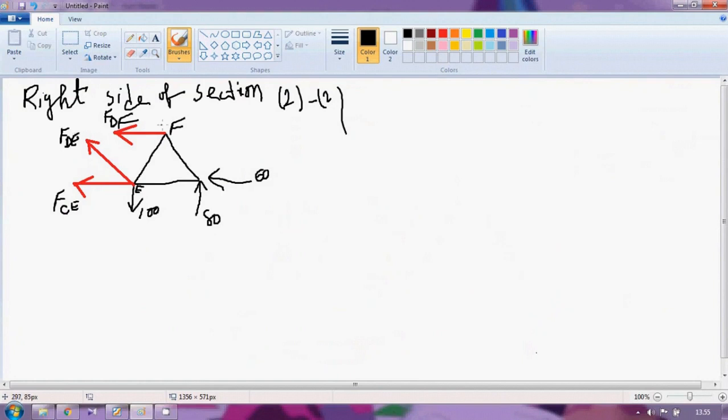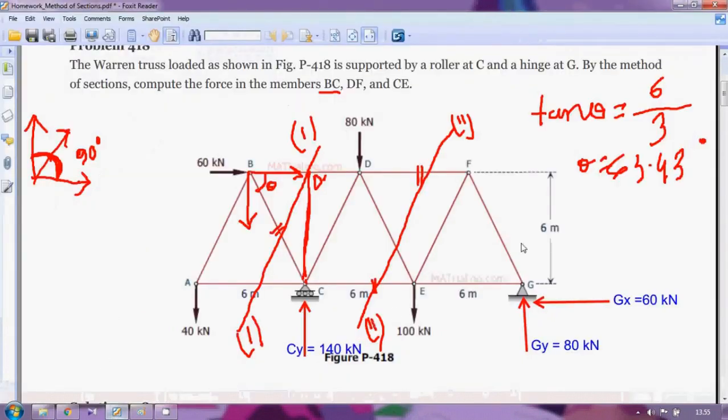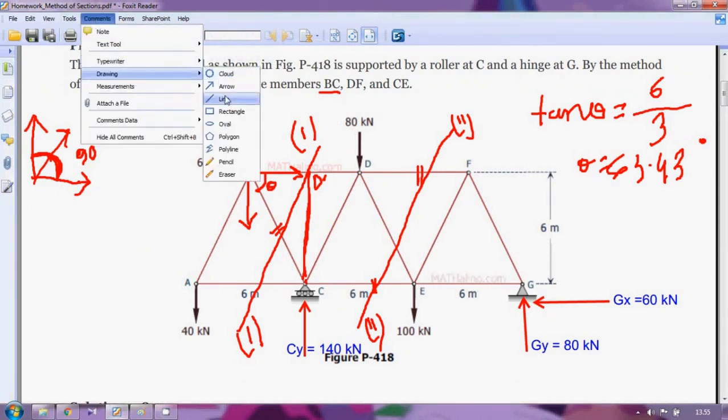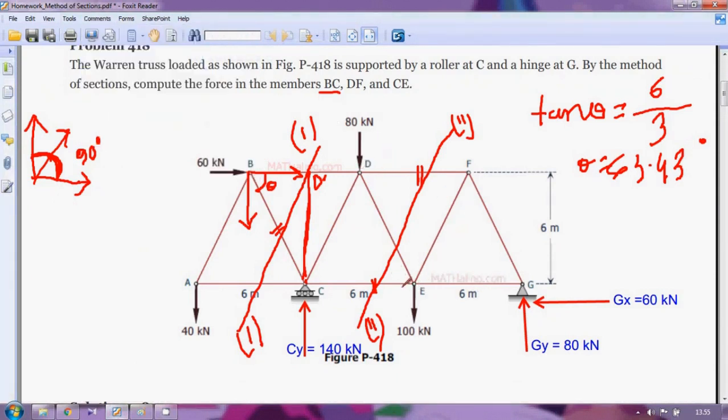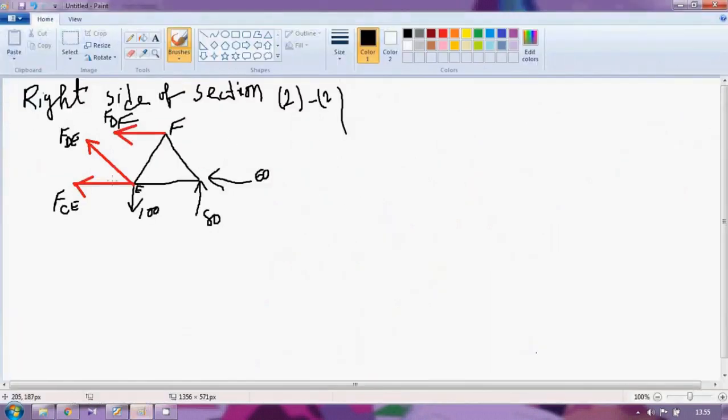Okay. So what about the angle? There is an inclined force. If we look, this angle theta we have to determine. So we will take this triangle, and a similar angle will come. Tan theta equals perpendicular 6 divided by base, base is 3. So theta is 63.43 degrees. Where is this angle?